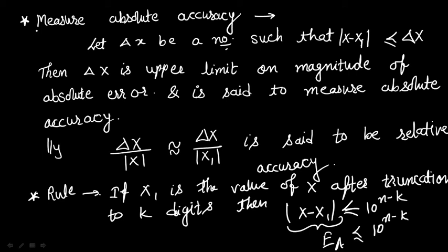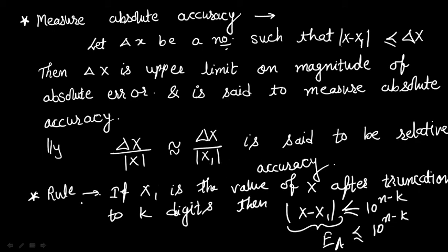Measure of absolute accuracy. Let delta x be the number such that mod of (x minus x1) is less than or equal to delta x. Then delta x is the upper limit of the magnitude of the absolute error and is said to be the measure of absolute accuracy. Similarly, here delta x upon mod of x, which is approximately equal to delta x upon mod of x1, is said to be relative accuracy.